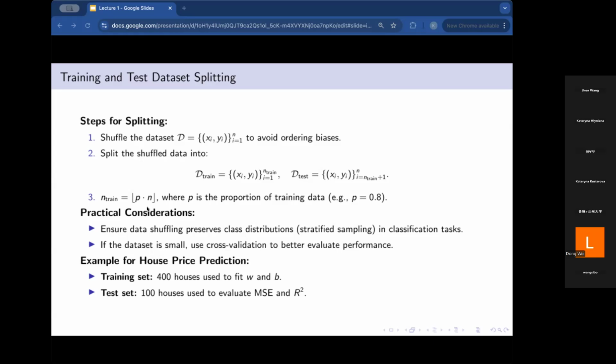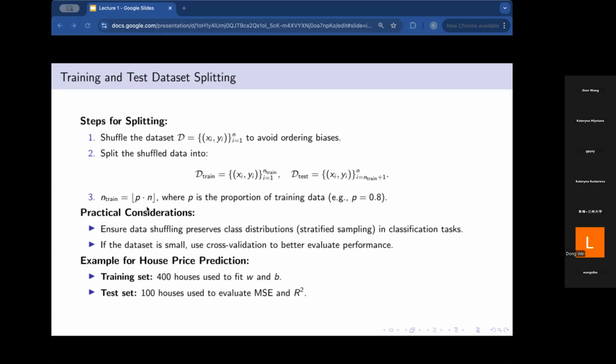When shuffling data for classification tasks, it's important to preserve class distribution to avoid skewing the data. This can be done using stratified sampling. If the data set is small, it's a good idea to use cross-validation for better evaluation of performance. Cross-validation helps ensure that the model works across different subsets of data.